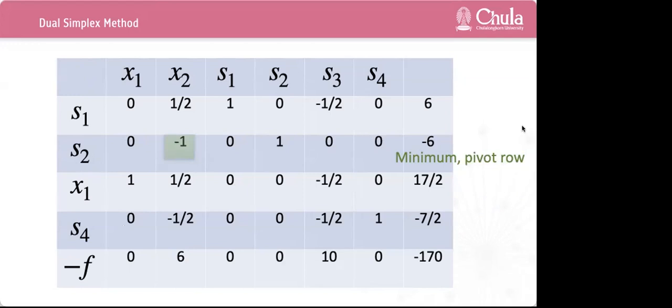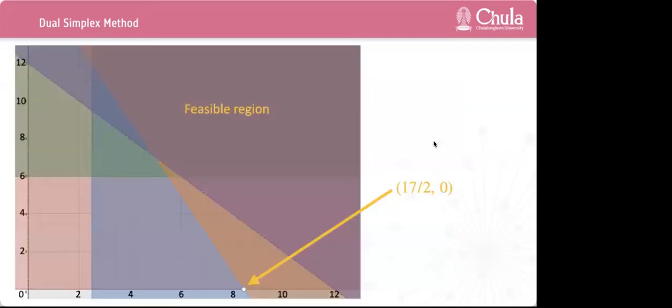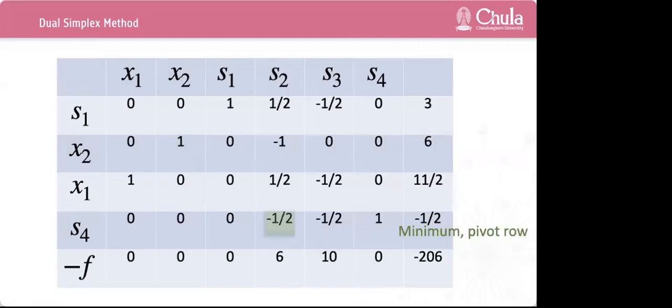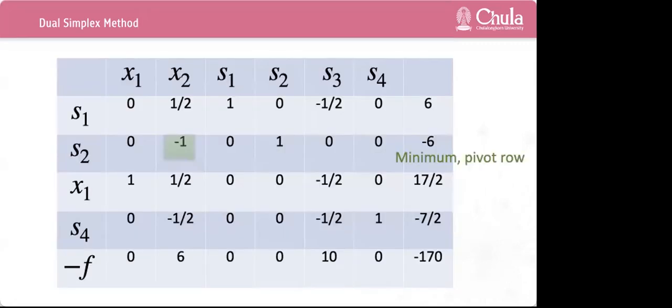Again, we select from BR which one is the most negative one. We see this row. This row is the most negative one. And this column x2 must be entered as our basic variable then.